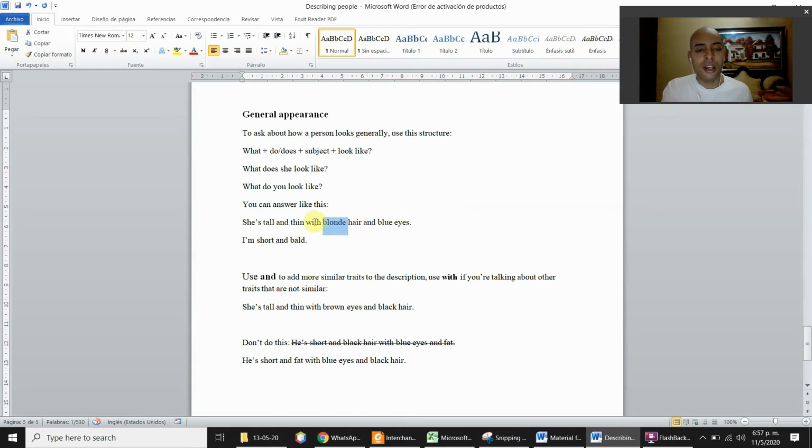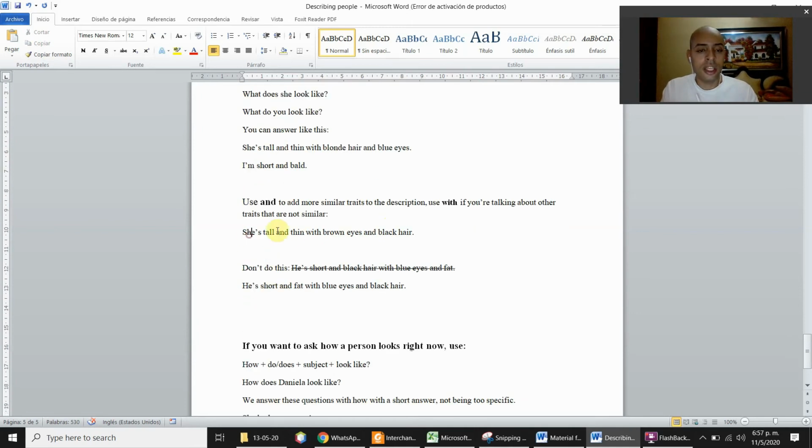So you use with to divide between explaining shape and color of different parts of the body. She's tall and thin, for example, with brown eyes and black hair.